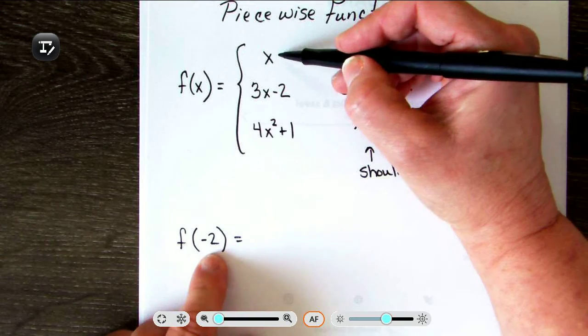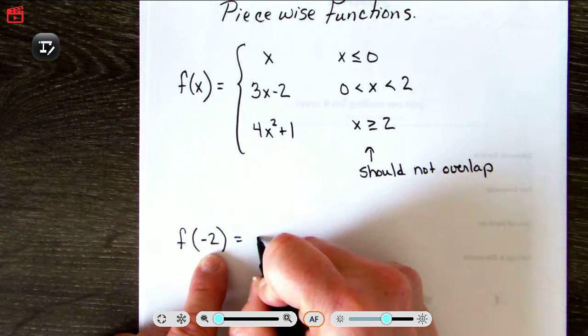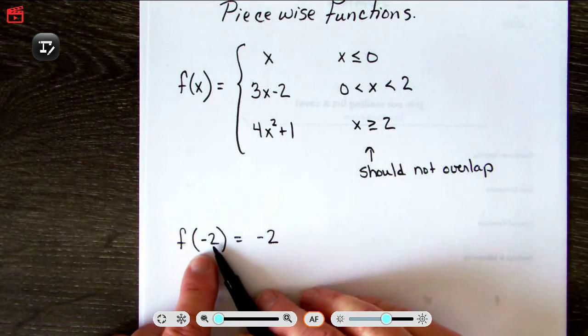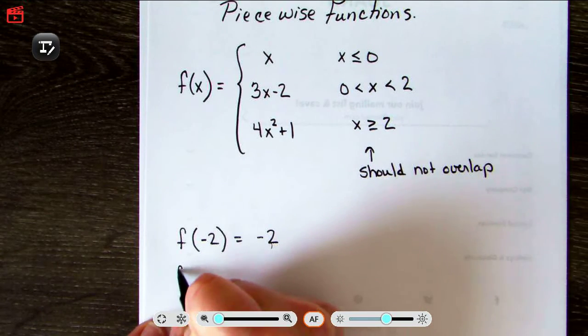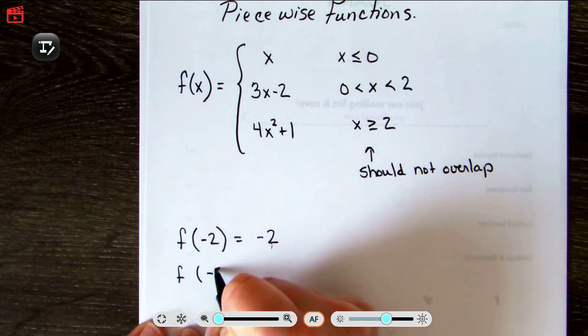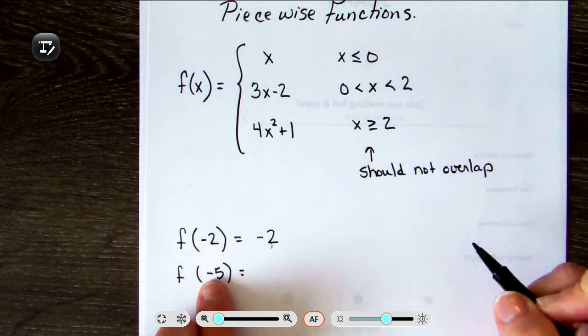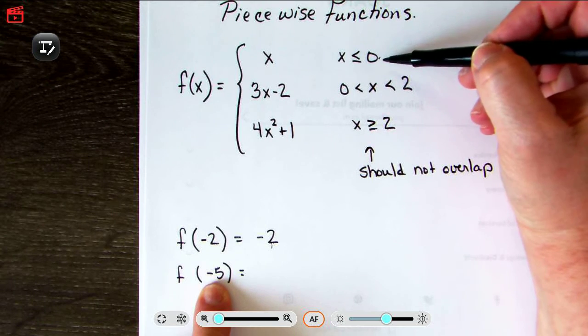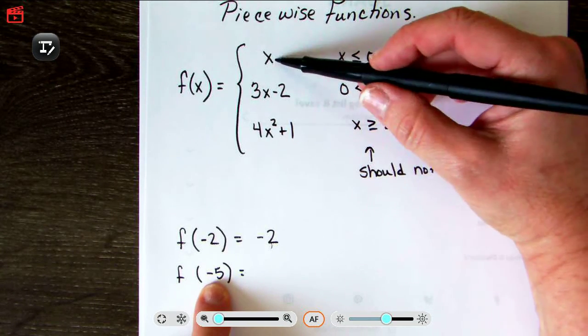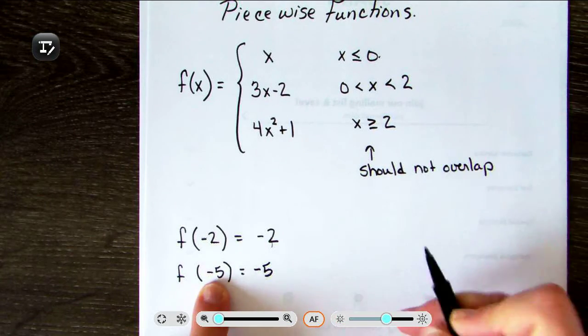Putting the negative 2 into that top piece, I find that f of negative 2 is simply negative 2. If I wanted to know what f of negative 5 was, again I decide which piece. Again, that's the first one, so that value is just simply itself.